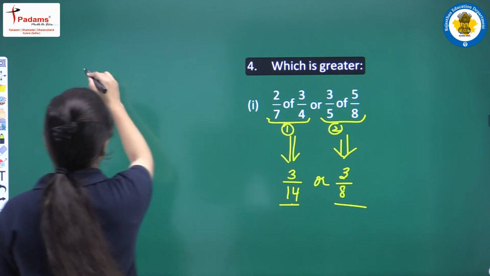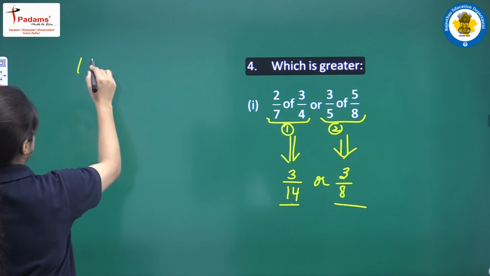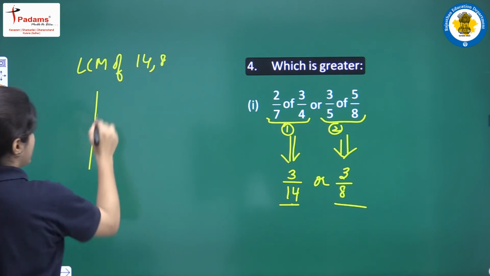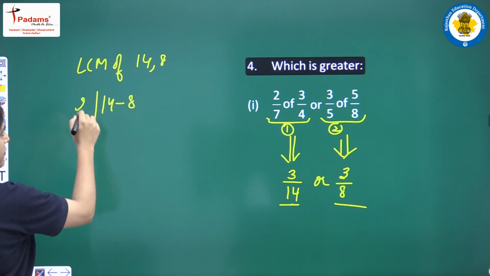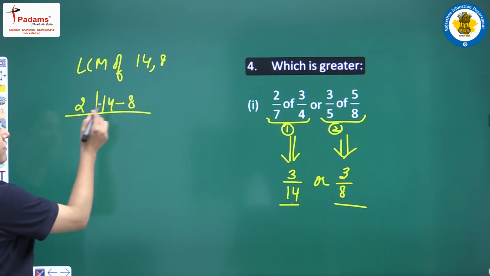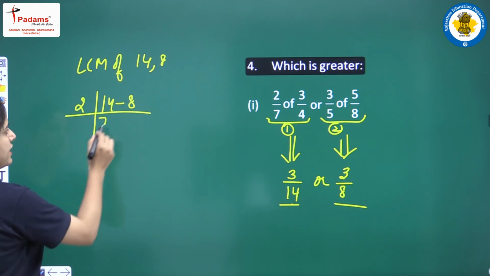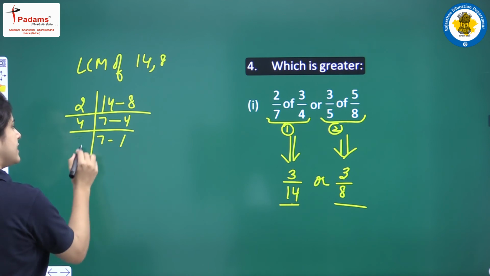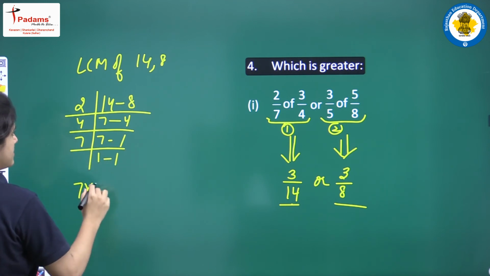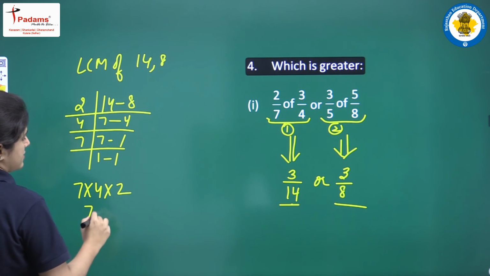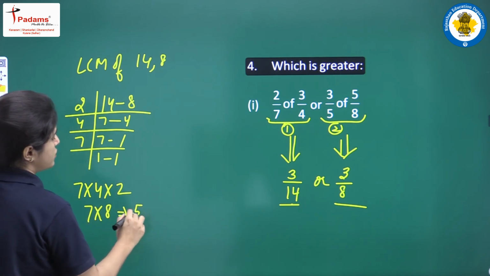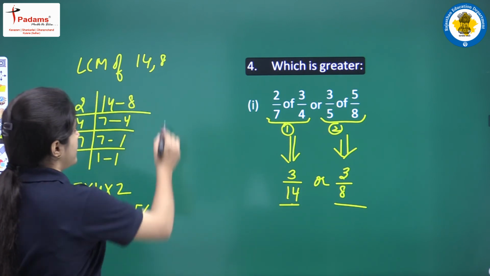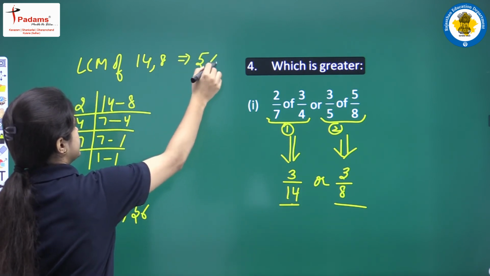So, taking the LCM of 14 and 8, on the table of 2, starting with the least: 14 divided by 2 is 7 and 8 divided by 2 is 4. So the LCM of 14 and 8 is equal to 56, okay.